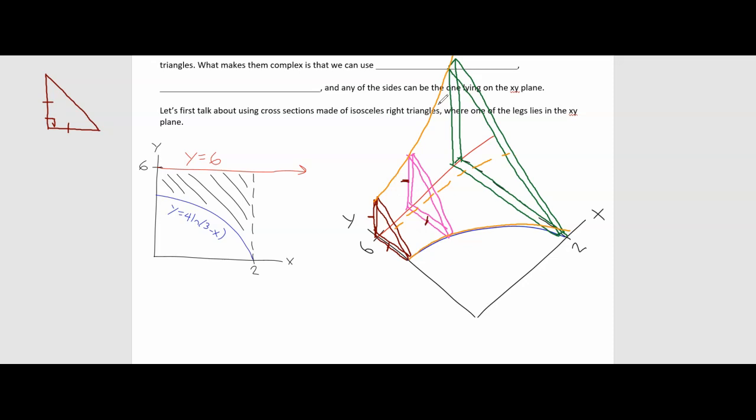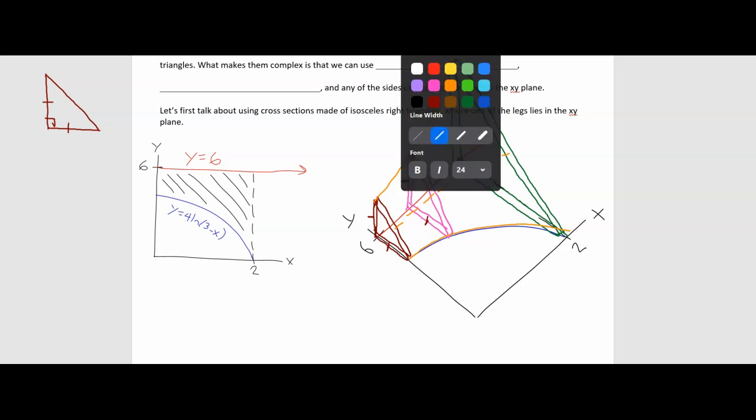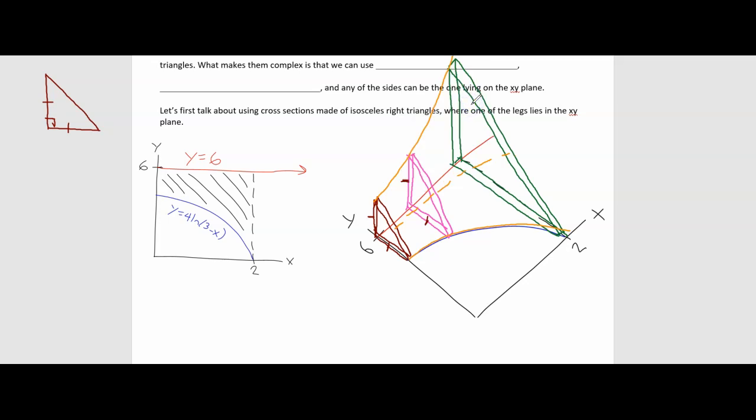That's going to make it a little easier when we're figuring out our formula. As always, I want to find the volume formula for one of these cross-sections and then just integrate over the entire interval. The volume for a triangular prism, because that's what these cross-sections are, would be the area of the base, which in this case is 1/2 base times height, times the distance between the bases, or the height of the prism.